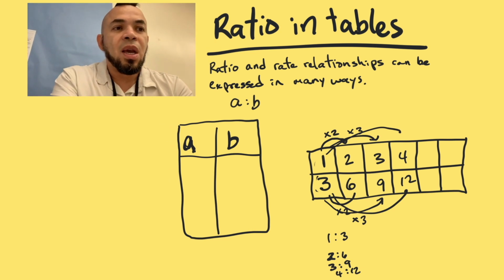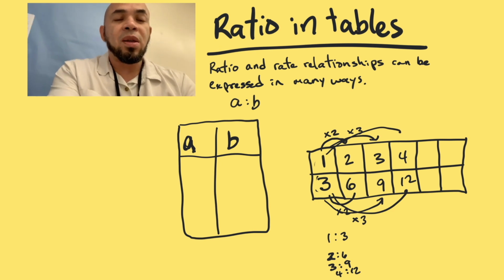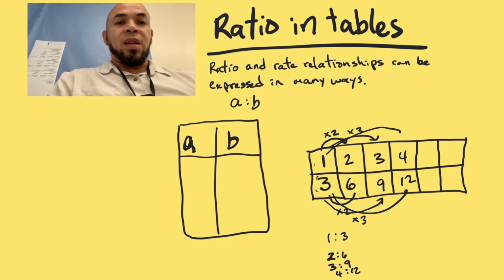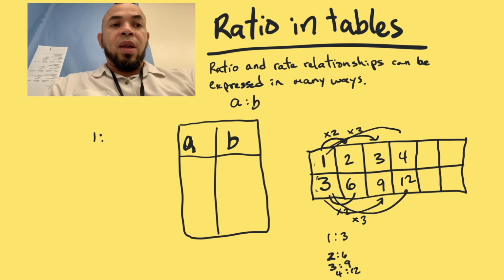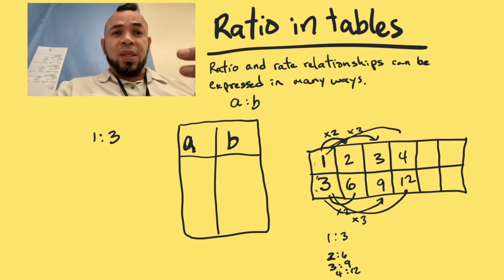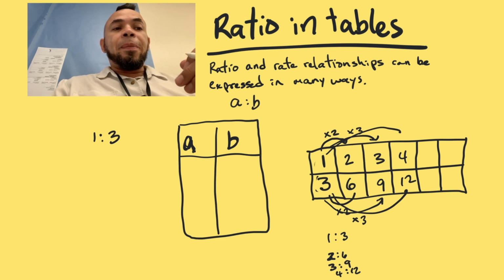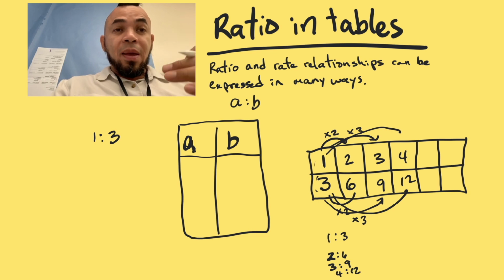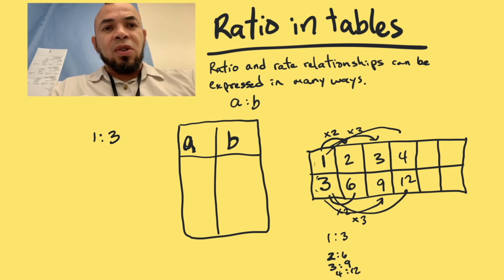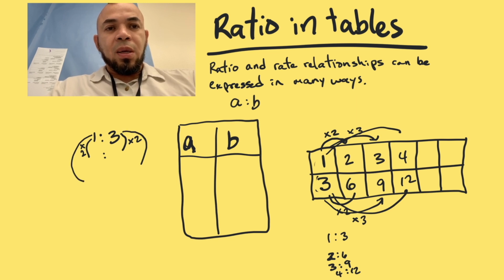Like I told you in class, you could have a situation where a question asks you about a ratio equivalent or equal to 1 to 3, and they give you a whole bunch of multiple choices. One thing you can do right away is solve for all the equivalent ratios. This is one of the ways I showed you in class. So you go times 2, and you write the equivalent ratio there, and then you go times 3, and you write the equivalent ratio there.